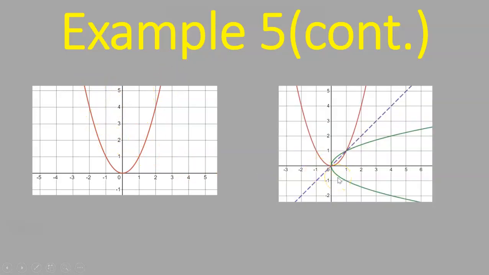So to see that graphically, here's the function f of x equals x squared. We talked about the graphs. So if you fold it along the line y equals x, notice the green graph looks like the reflection. However, the green graph is not a function because a vertical line would touch it twice. That leads back to the red graph, the original function, which is not one-to-one because a horizontal line would touch it more than once.